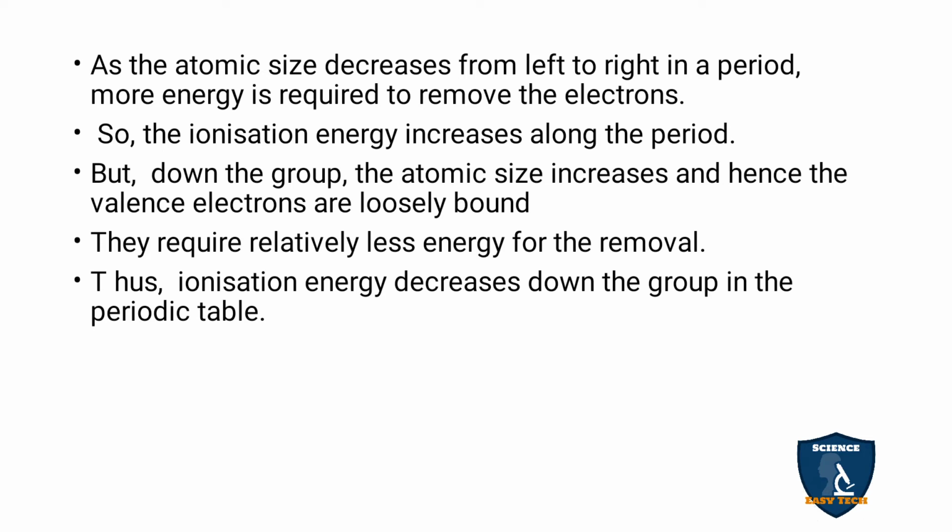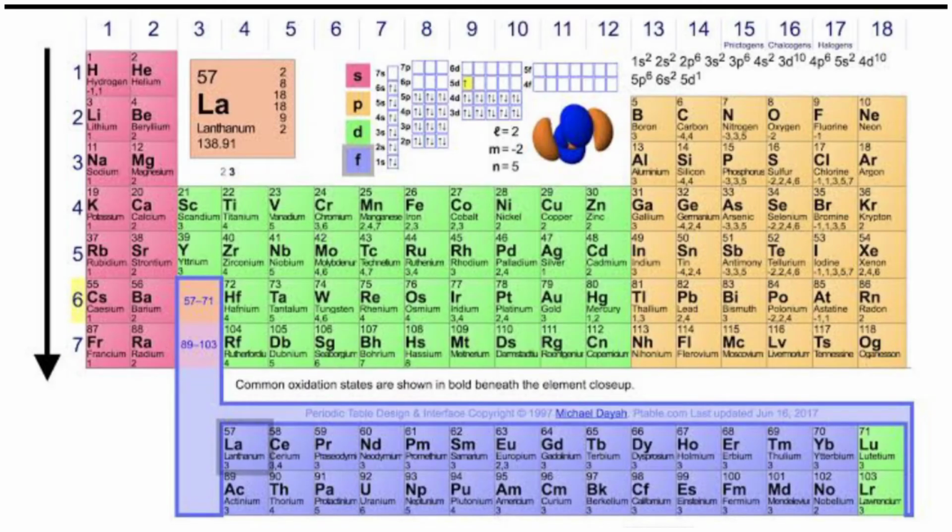As the atomic size decreases from left to right in a period, more energy is required to remove the electrons. So based on the atomic size decrease in a period, from left to right, the ionization energy will be more for the removal of electrons.